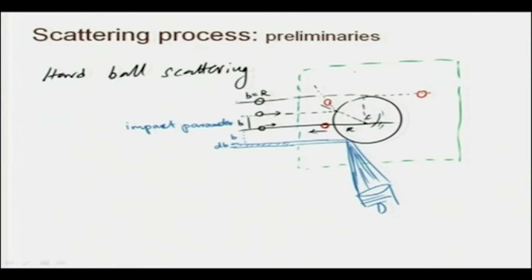If you move the detector around and find out how many particles are coming at different angles, you may be able to reconstruct the scattering sphere. Roughly, you will be able to get some idea about the scattering sphere without actually looking at it, but by observing the scattered particles or beads detected by your detector D.